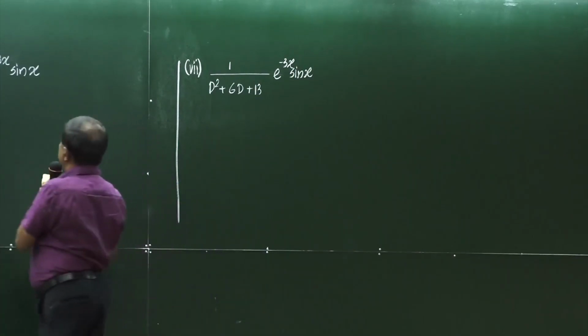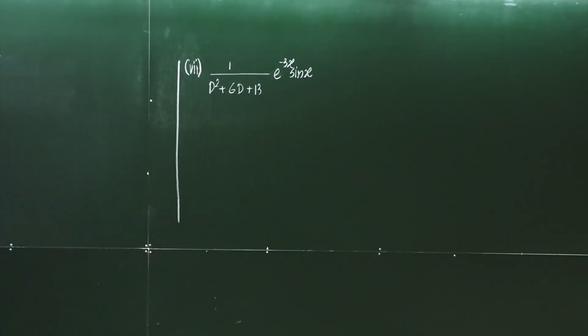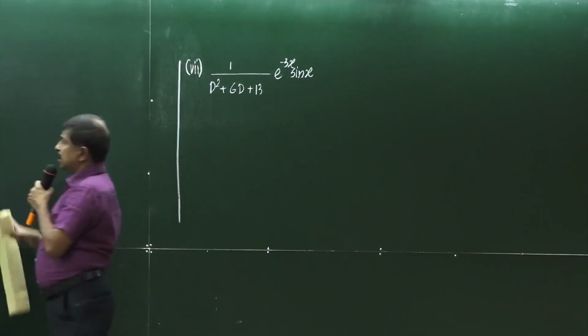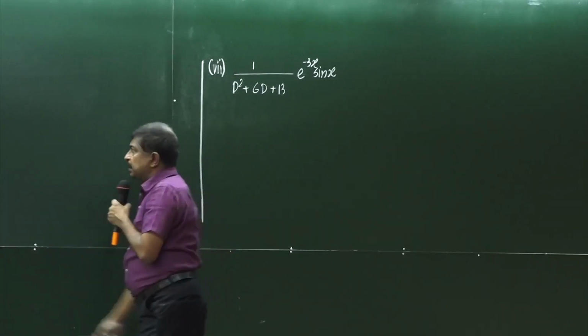For that you have only one method, but for the previous problem there are three methods.